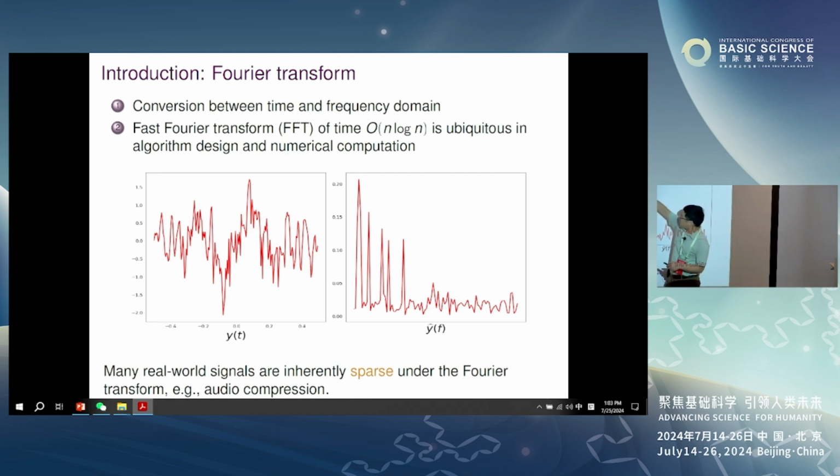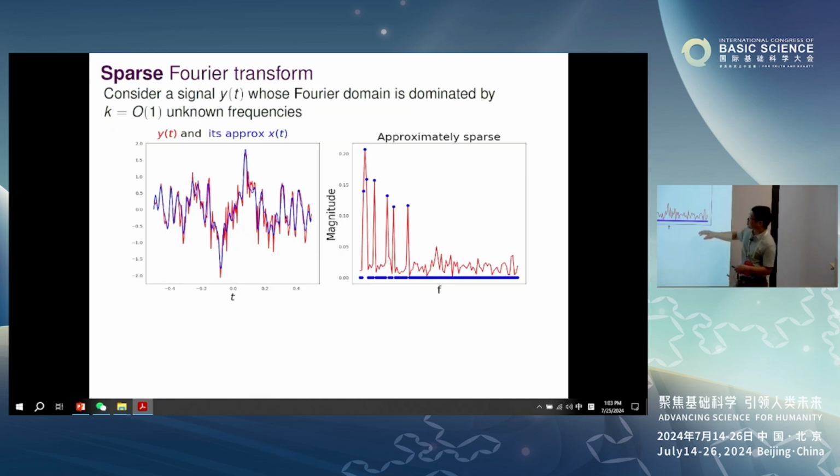If I just take these Fourier coefficients out and erase the rest, this gives a pretty good approximation in the time domain. It gives me this blue line, which is a pretty good approximation. So this raises a very natural question.